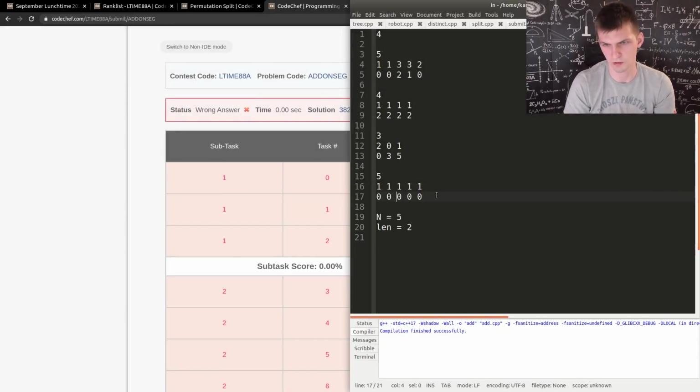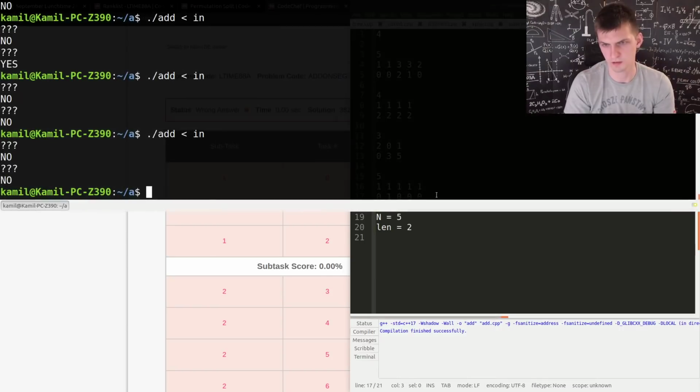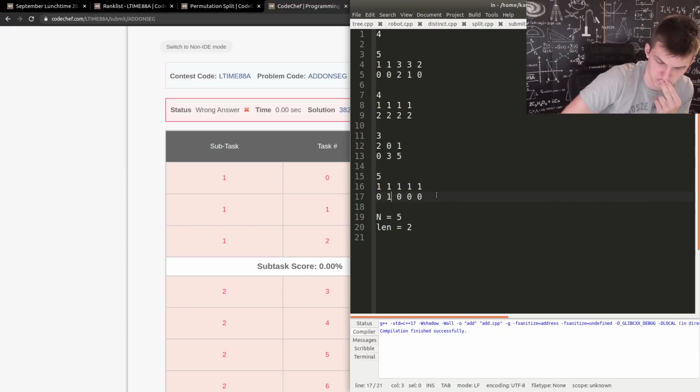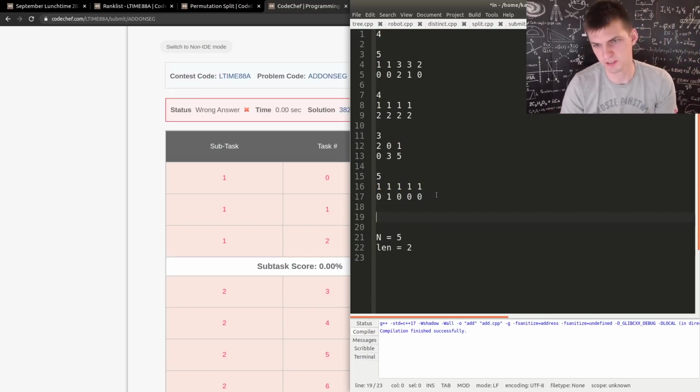This is no, and if I just do this, it shouldn't be yes. Maybe I should think more about the sum of numbers. So I can now increase the sum by 2.